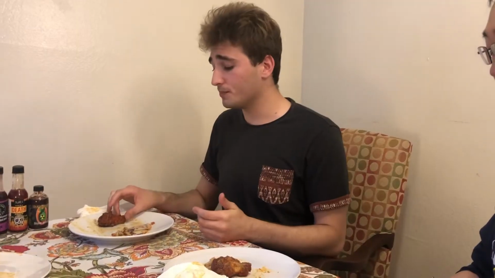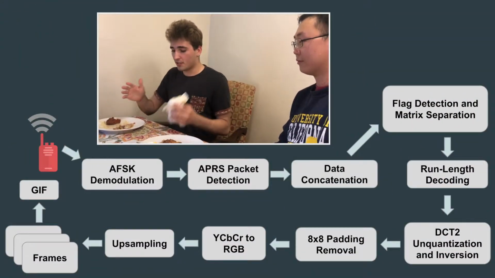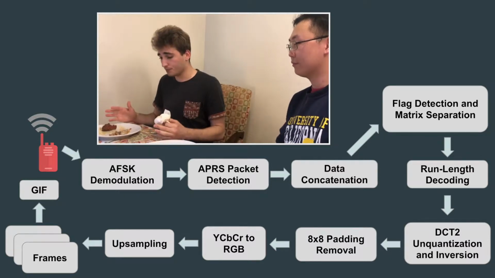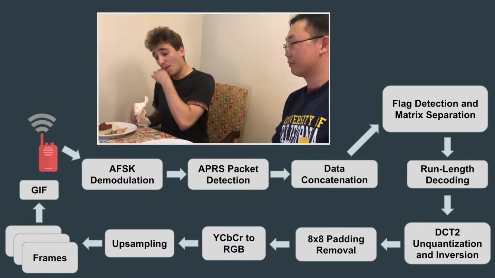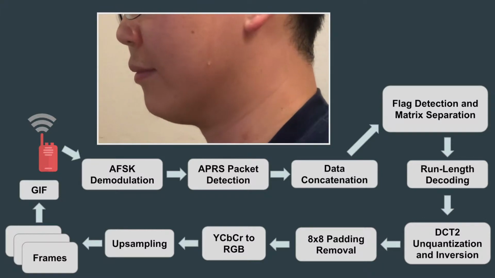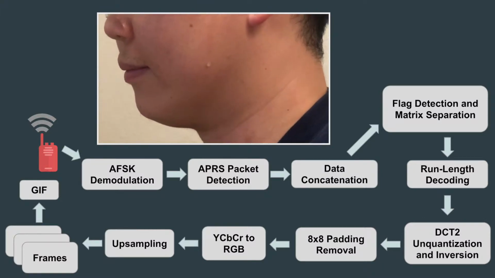So, after you transmitted the bits, what steps did you take to recover the original GIF? So, once we received all of the bits through the transmission, the first thing we need to do is put all the information and all the packets together. It's really hot. And then we need to find the separations between each of the YCrCb matrices for each frame.